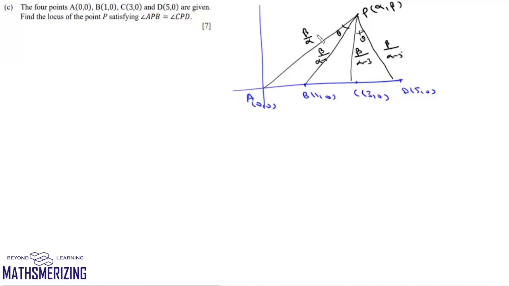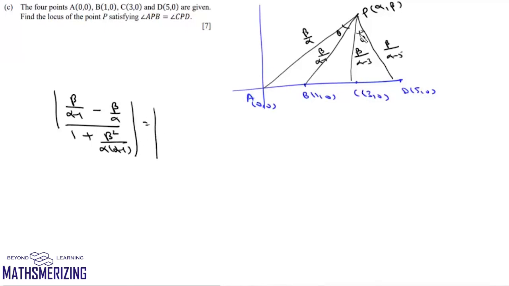Now tan theta is m2 minus m1 upon 1 plus m1 m2. So we can write this as beta upon alpha minus 1 minus beta upon alpha, upon 1 plus beta square upon alpha into alpha minus 1, and it should be equal to tan theta for these 2 lines, and there will be beta upon alpha minus 5 minus beta upon alpha minus 3, upon 1 plus beta square upon alpha minus 5 into alpha minus 3.